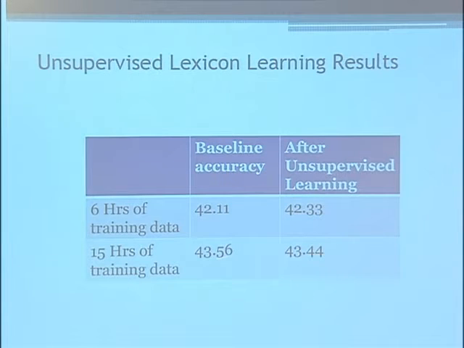So we need to go back and redo this experiment in a clean environment where we use this as our starting point as opposed to that for getting this number. But it's not clear at this point whether unsupervised lexical training without any unsupervised acoustic model training is helping or not. But if we do both lexicon and acoustic training in an unsupervised manner, that is yet another experiment to be done, which we believe will definitely help.